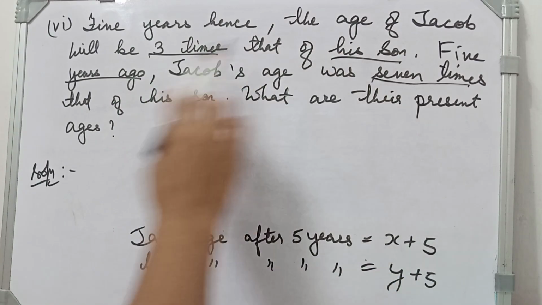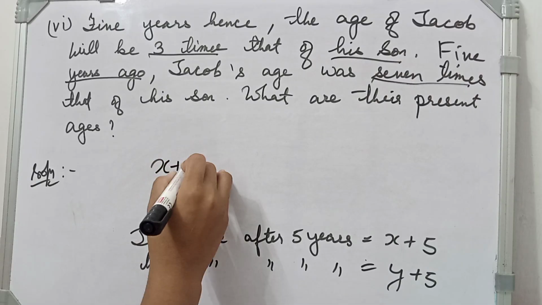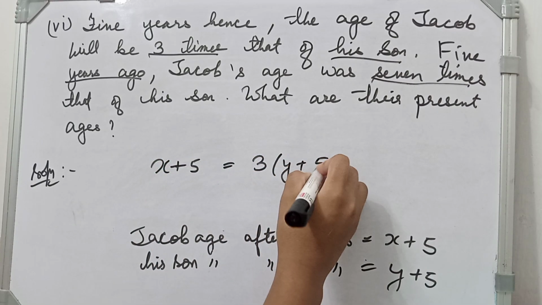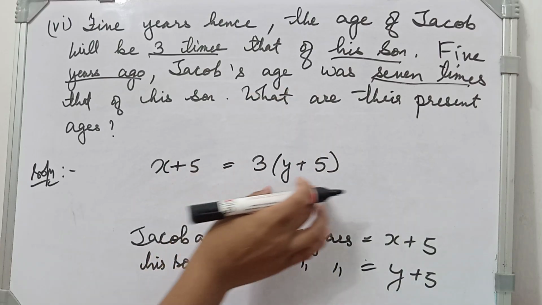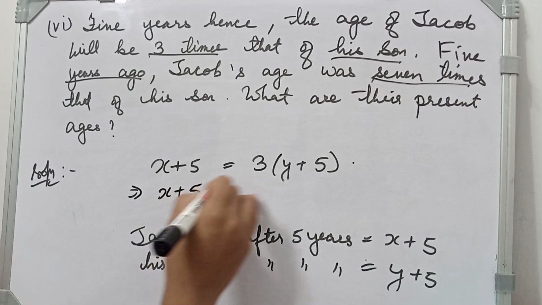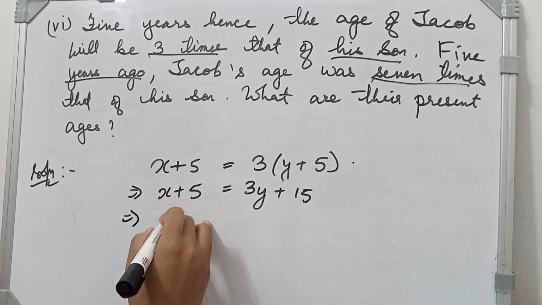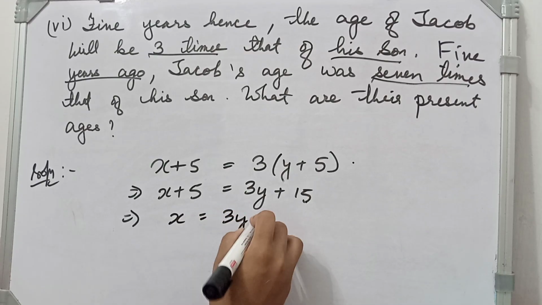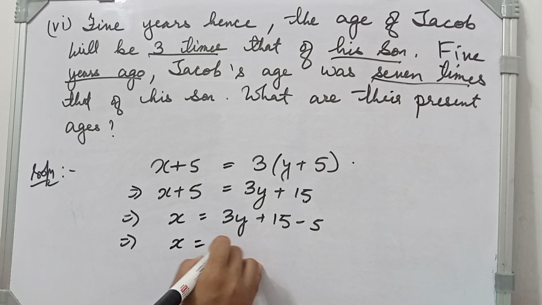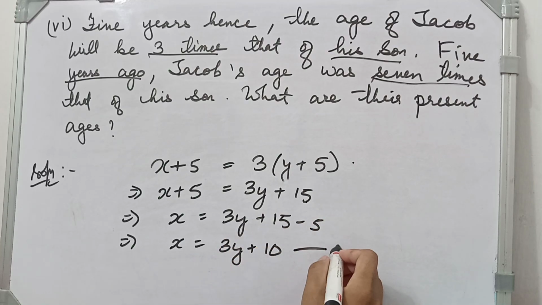Jacob's age after 5 years is 3 times his son's age. So x plus 5 is equal to 3y plus 15. Your x is equal to 3y plus 15 minus 5. So x is equal to 3y plus 10. I have equation 1.